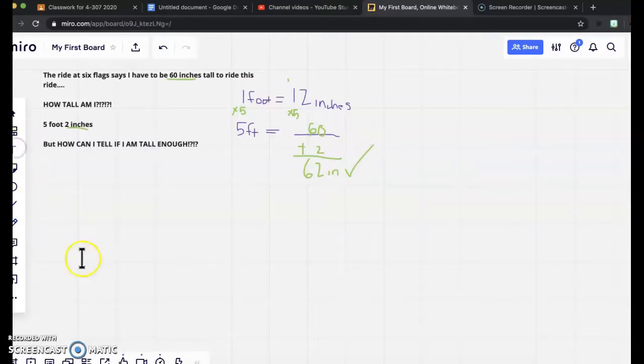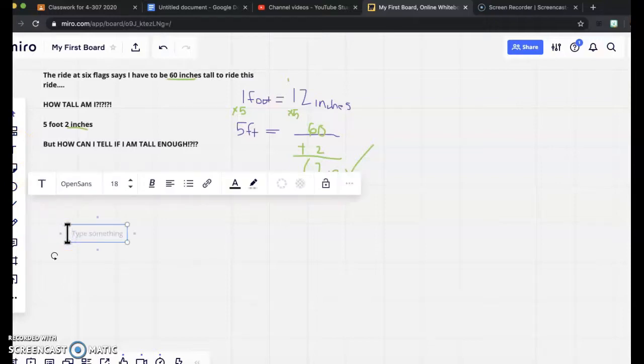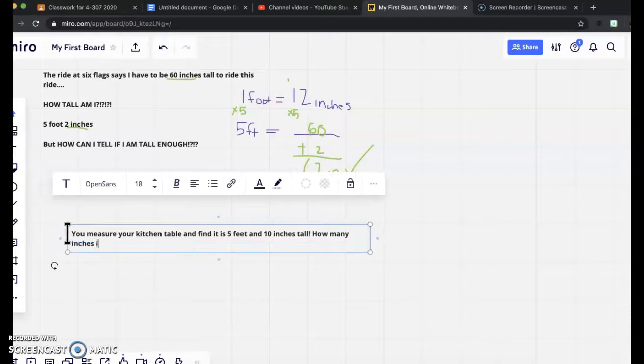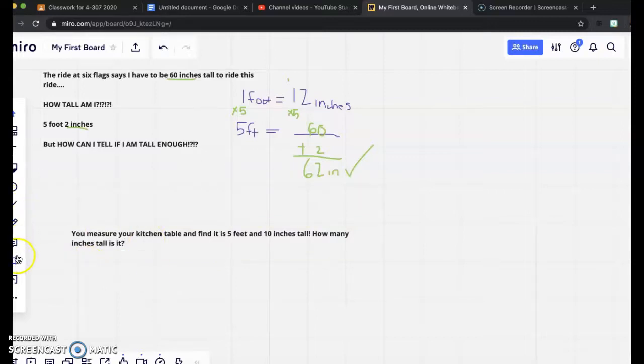Now, let's do that again. Well, let's do it with something else. Let's say you measure a table and find it is 5 feet and 10 inches tall. How many inches tall is it? Well, we have 5 feet, right?